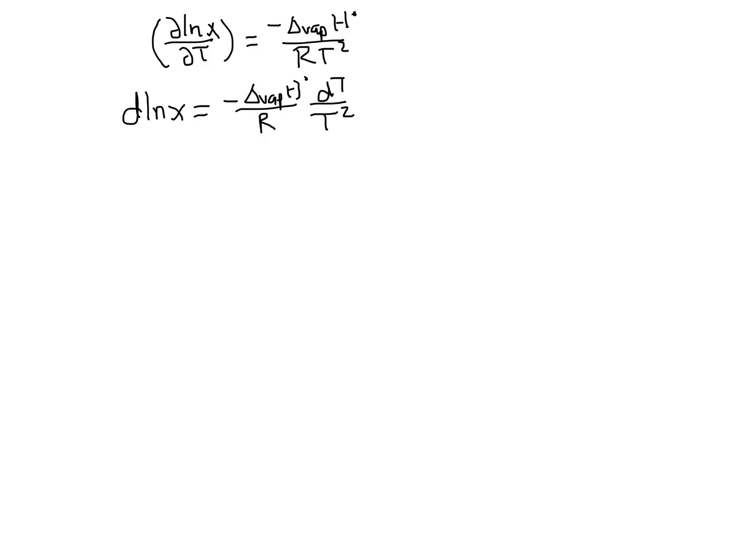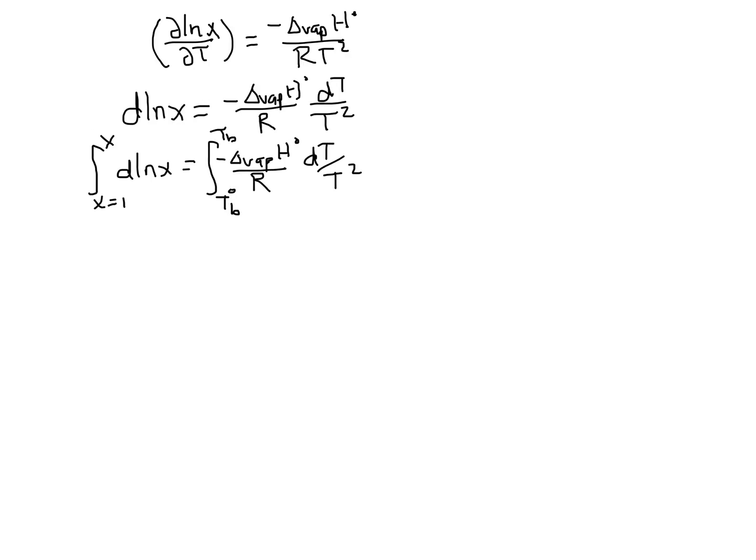I'm going to integrate from the pure substance, x equals 1, to any other composition because I know the boiling point of the pure substance. And so my integral on the right-hand side is delta H of vaporization over R dT over T squared from the normal boiling point of the pure substance to the boiling point of my mixture.